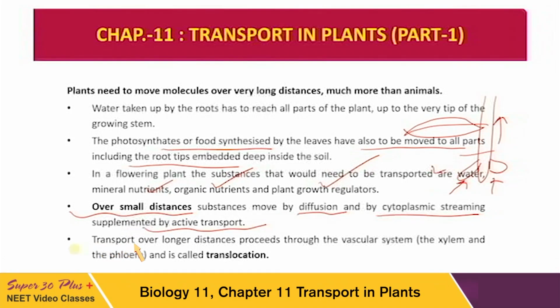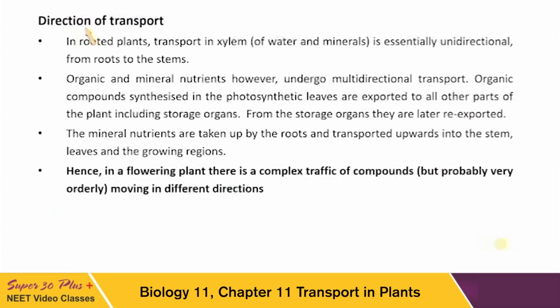Transport over long distances takes place through the vascular tissue system, xylem and phloem, and this is called translocation. So transport is of two types: short distance transport and long distance transport.